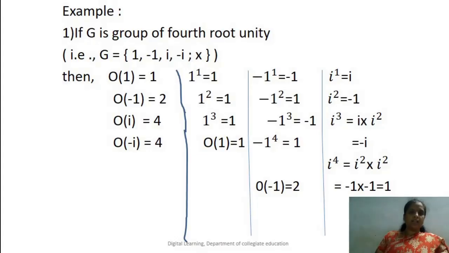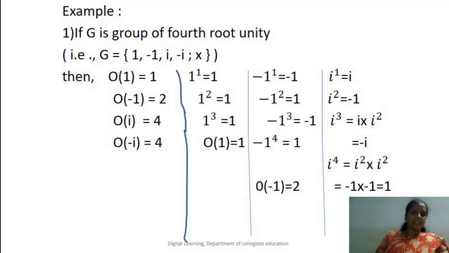Order of 1 is 1, order of -1 is 2, order of i is 4, and order of -i is 4.